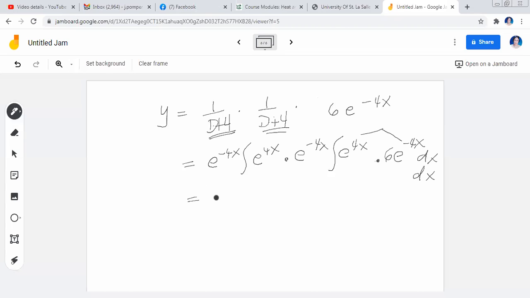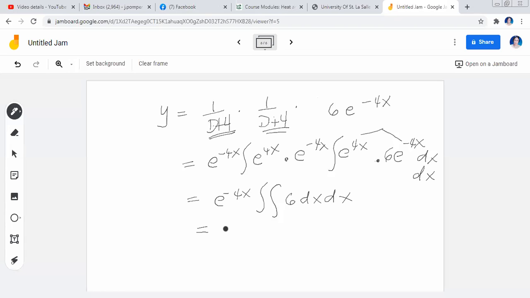So you will have now e raised to minus 4x integral of e raised to 0, and then that would mean 1. So there's no need for you to write this, right? And you have the integral. Look at this. The integral of that's e raised to 0, and this is e raised to 0, giving you simply 6 dx dx. So see, you'll only integrate 6 twice.